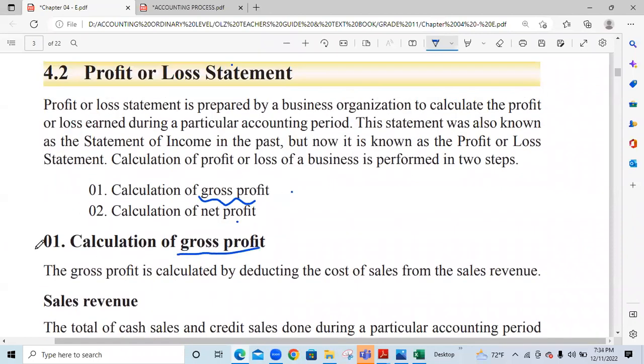gross profit. Below the profit or loss statement, you can put 1 and say, guys, gross profit. Can you write the equation for gross profit?